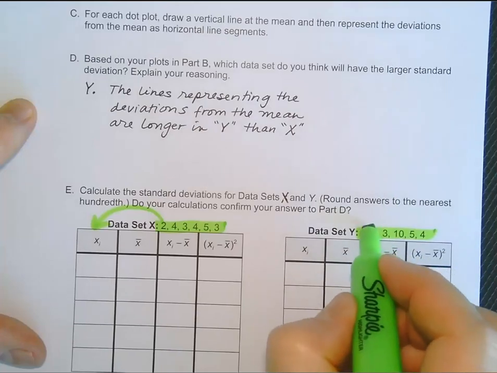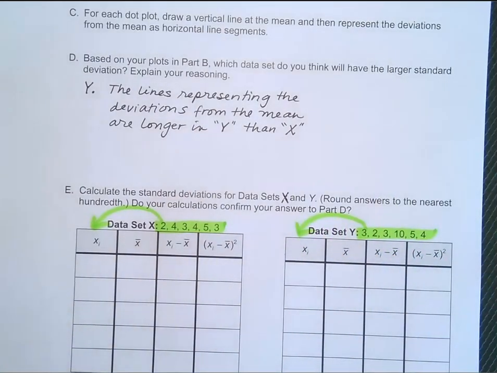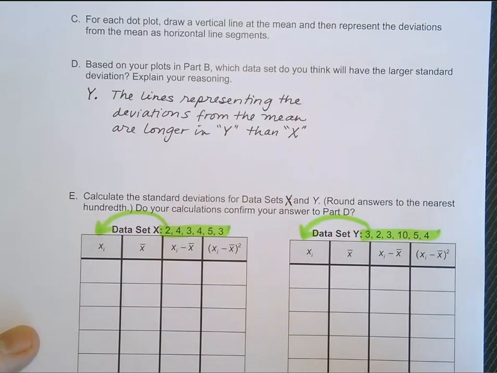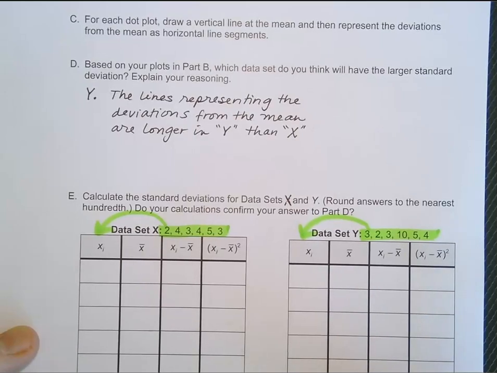Oh, I just realized that when I made this chart, I actually didn't make it big enough. So I'm going to extend this down here a little bit so I can put the 6th piece of data in, because I cut and pasted from the previous one and I only have 5 pieces of data.